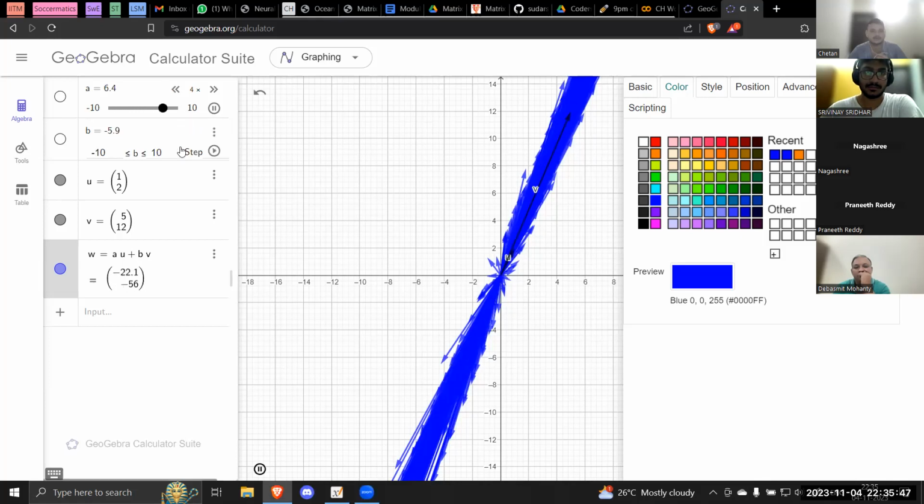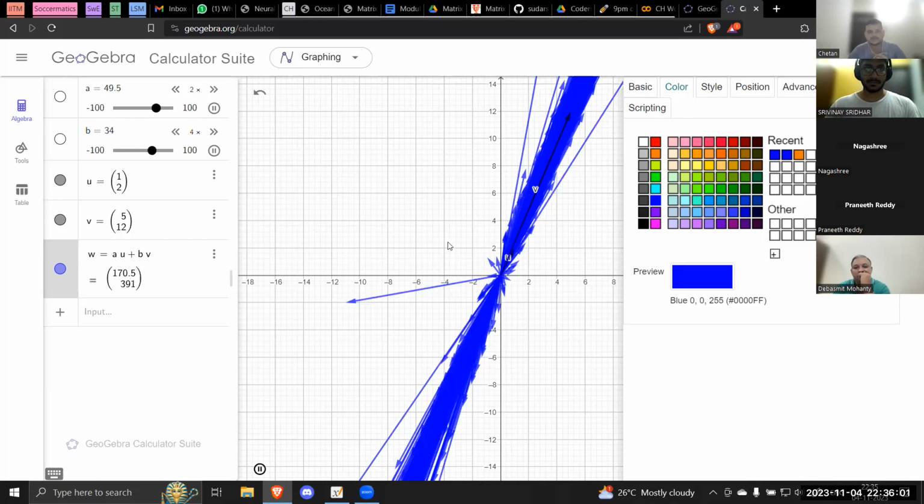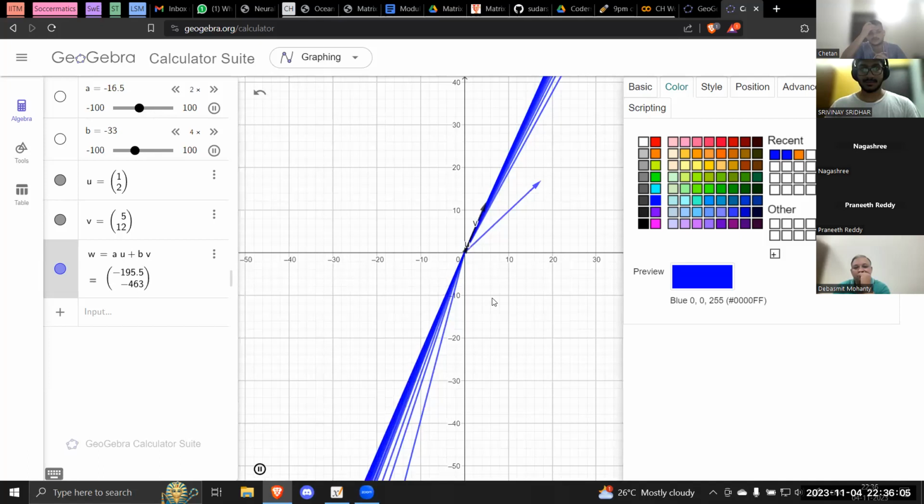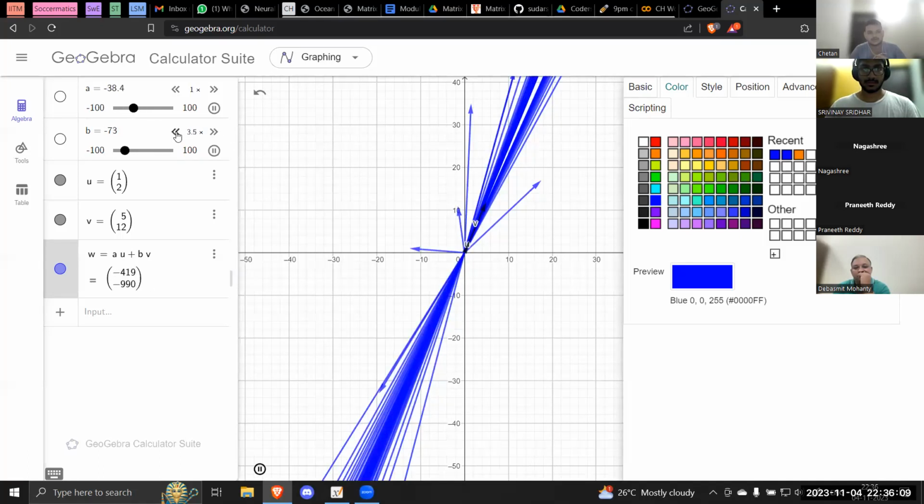Let's see what happens if we increase the value of A and B. Now we are varying these. Just increase the speed for those, Vinay. Else we won't be able to show it properly. It's skipping a lot of points in between.